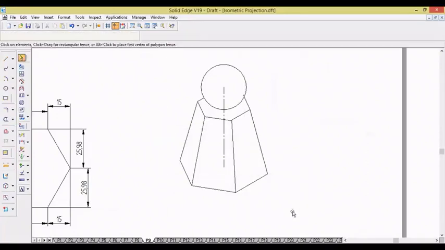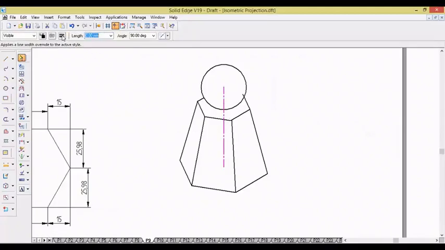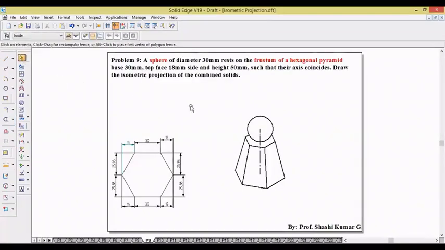And make all the edges visible. So 0.5 mm thick, but axis you make it 0.1 thick. So this is the solution for example problem number 9.